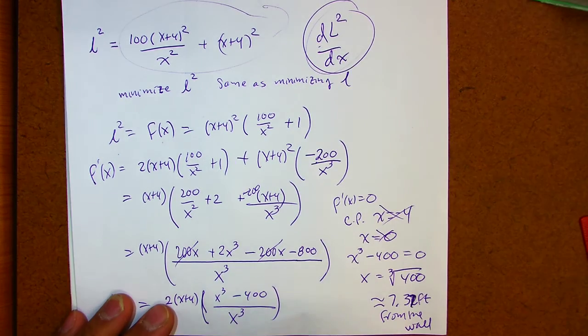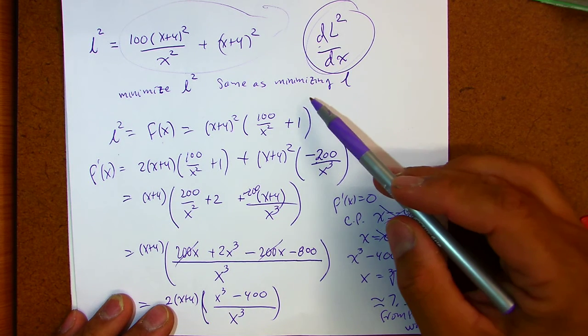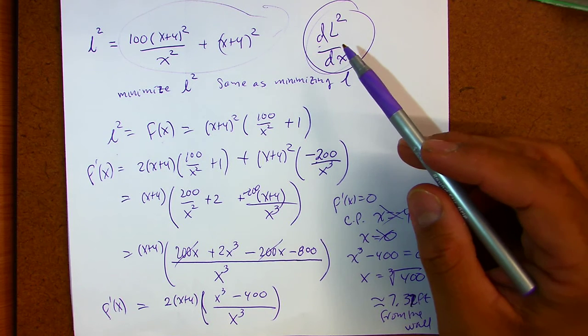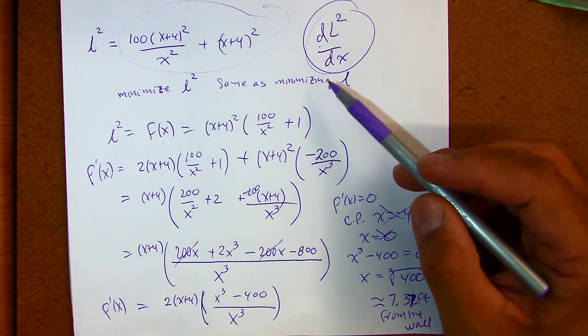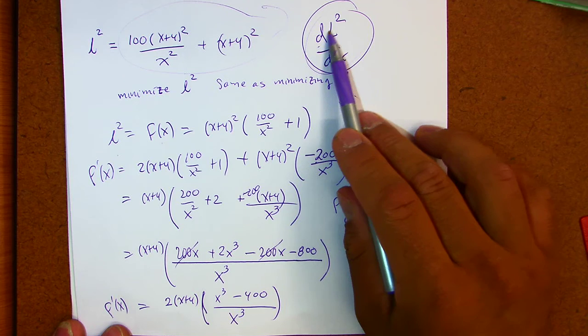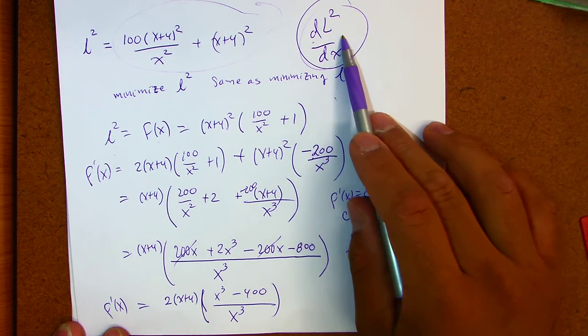What really I'm trying to get at is that we don't need to use the power rule. I want to equate the problem of minimizing L squared as the same as minimizing L. So I don't want to worry about this stuff right here. I can just take the derivative of L squared with respect to x.